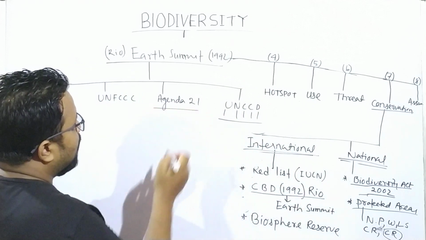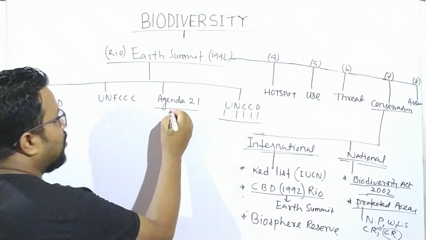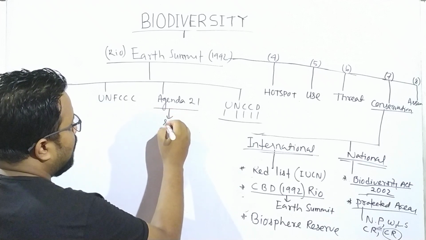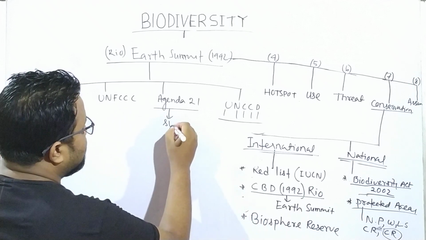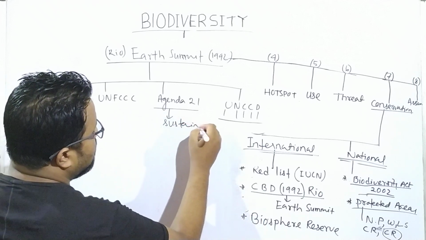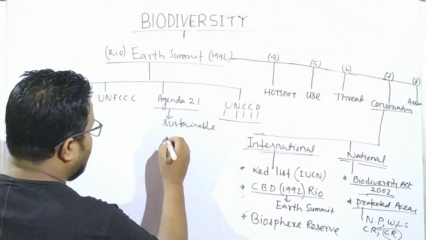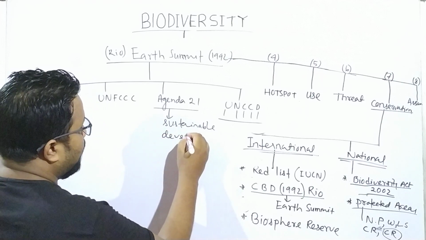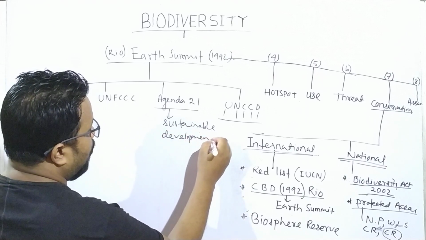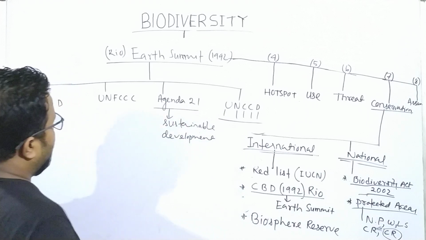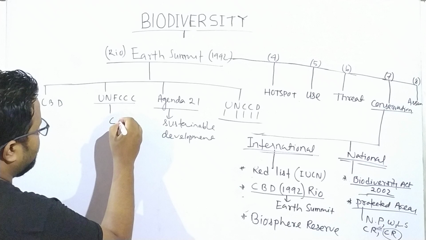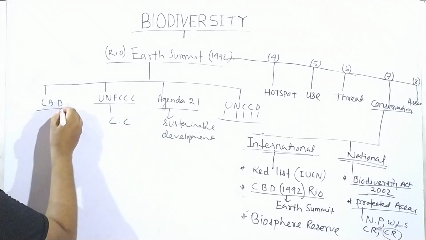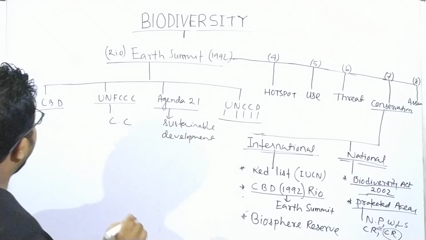Agenda 21 is for sustainable development in the 21st century. UNFCCC is related to climate change, and CBD is the Convention on Biological Diversity.